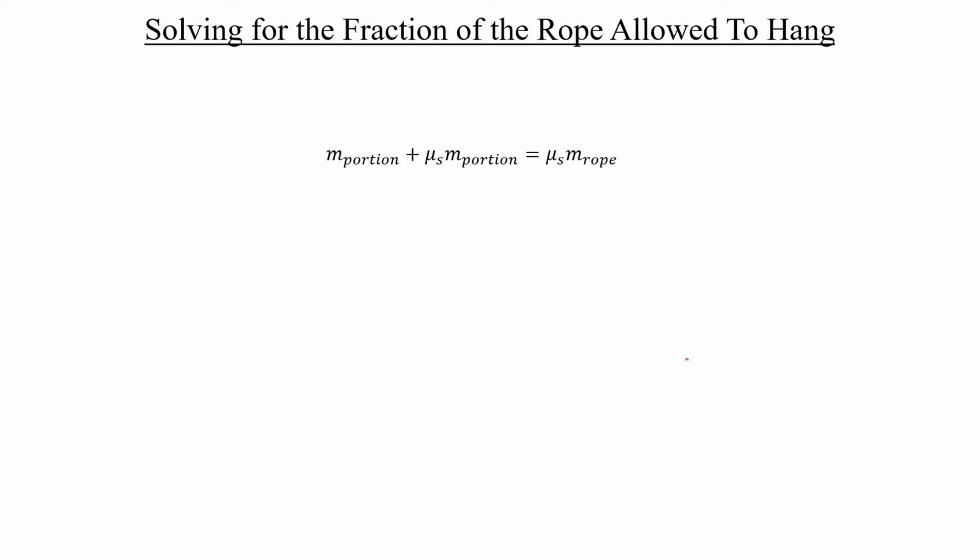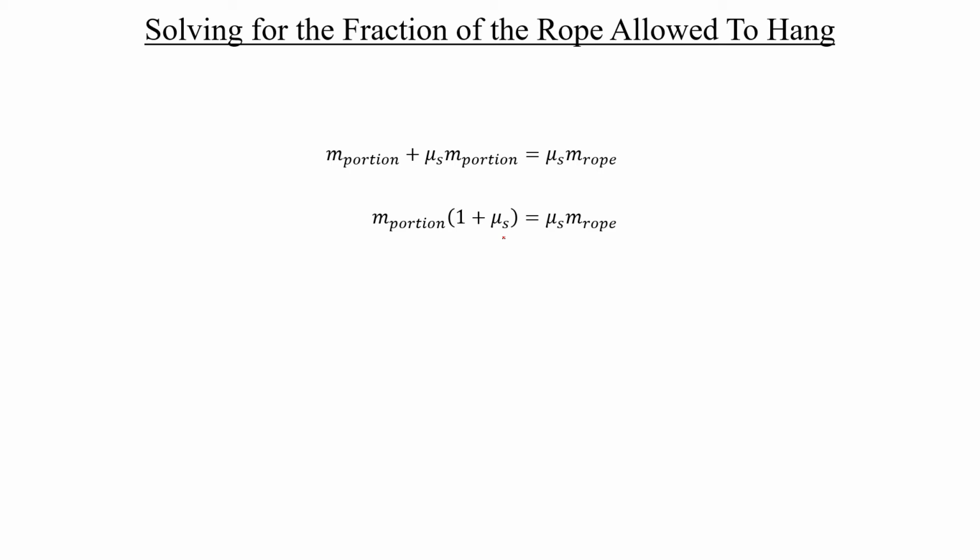And notice I brought the mass of the portion of the rope terms on both sides, which allows me to factor out the mass of the portion on the left-hand side. So I'll have 1 plus the coefficient of static friction in parentheses here.